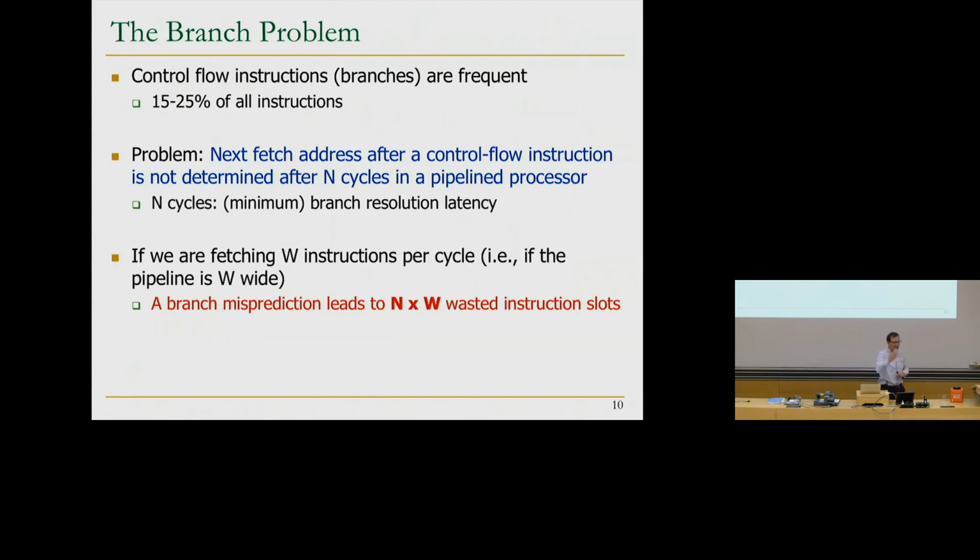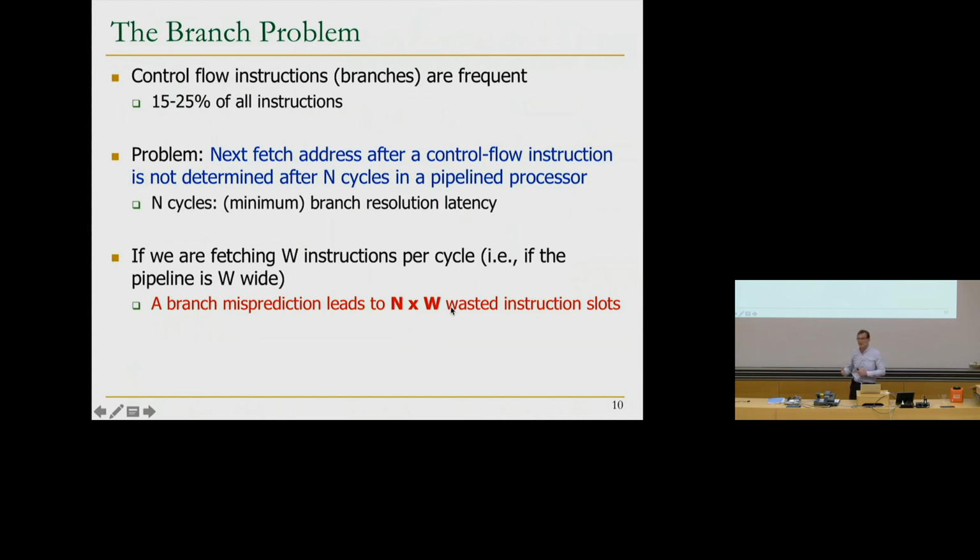So assume that you're predicting the branch, and the branch resolves after n cycles. By the time you know the address of the target, and by the time you know whether you should branch to that target or not, you've already fetched n times W instructions into the pipeline.